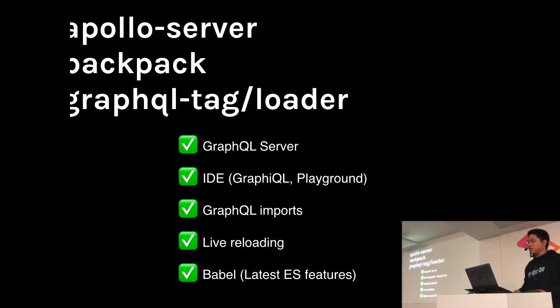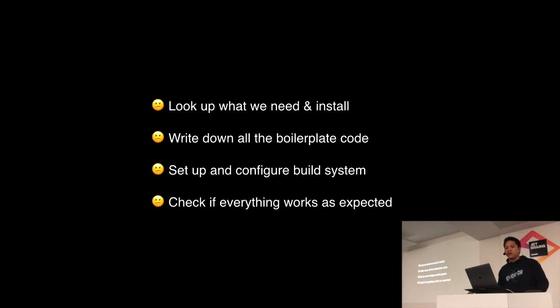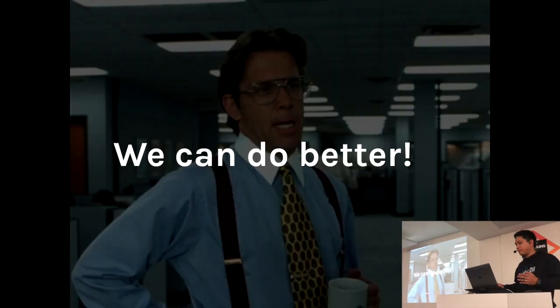It's a couple of nice tools and you get everything covered, but if you do this over and over again, you still have to look up what we need, and you have to install it. You have to write all the boilerplate over and over again, and do the whole setup. Sometimes you need to reiterate because you forgot it after a couple of months, and you have to check if everything works. And of course, we can probably do better than that, right?